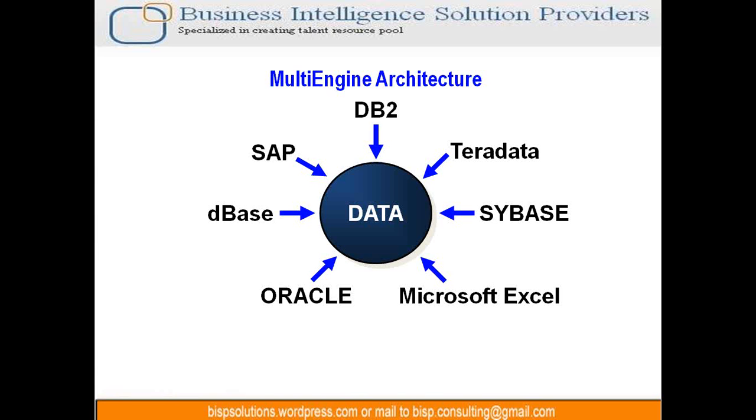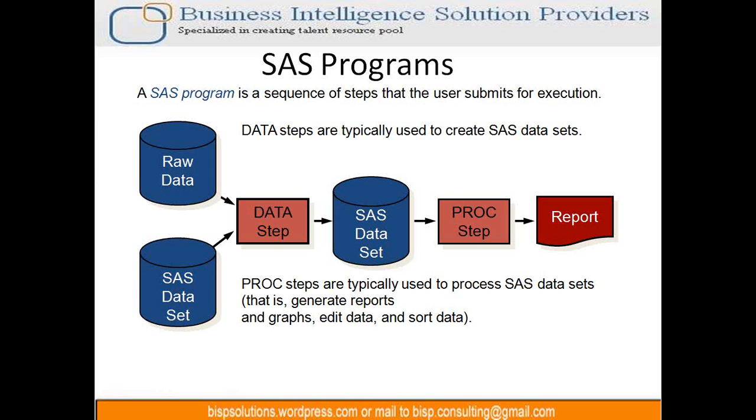That is the reason SAS software has been built with a multi-engine architecture, where we can fetch the data from any environment. Okay, so that is till now, and coming to the SAS program.